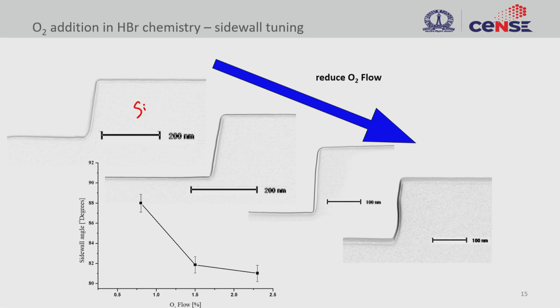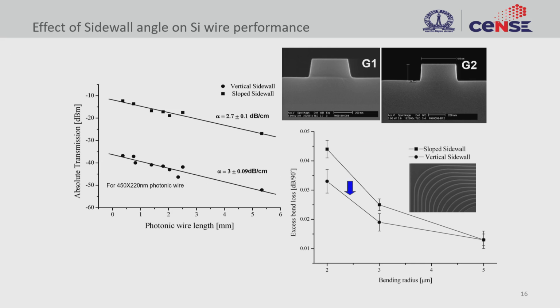When you change the silicon etch chemistry here by reducing the oxygen flow, you can see here you go from a positive slope to a negative slope, right? So as you reduce your oxygen content, you can make your sidewalls pretty steep. So this is how you optimize the chemistries.